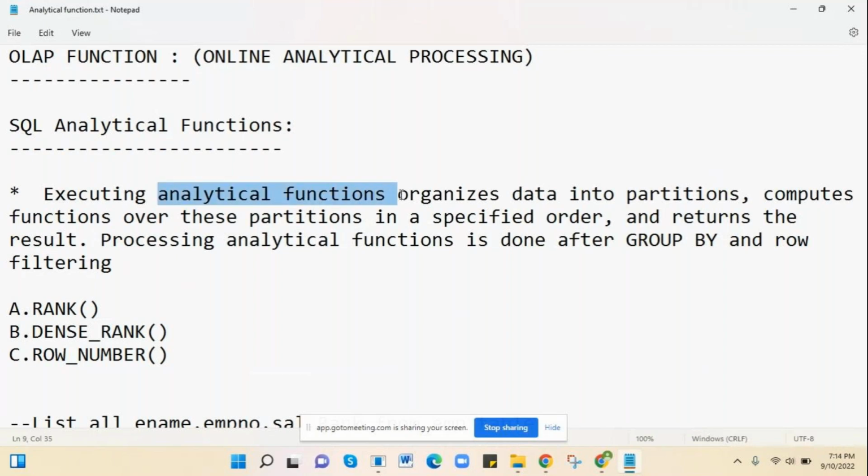Executing analytical functions organizes data into partitions like divisions, computes over these partitions in a specified order, either in descending order or ascending order, and returns the results.